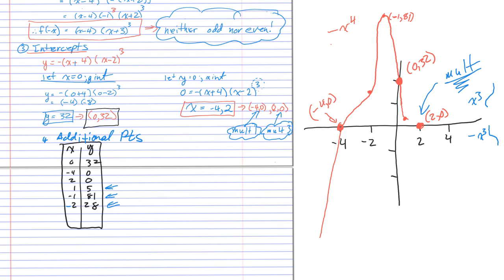So we actually have to make it look like that as it's crossing the x-axis, and then it follows down towards infinity. Now, the reason why this point here looks almost straight is because the multiplicity of this is 1, and any point that is multiplicity 1 has a straight line. And we're done.